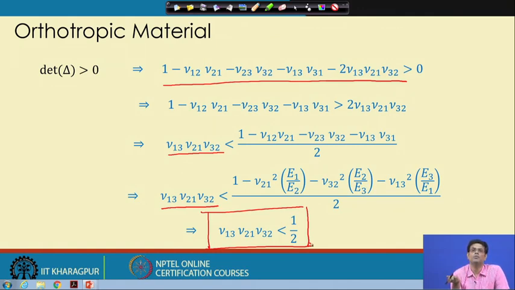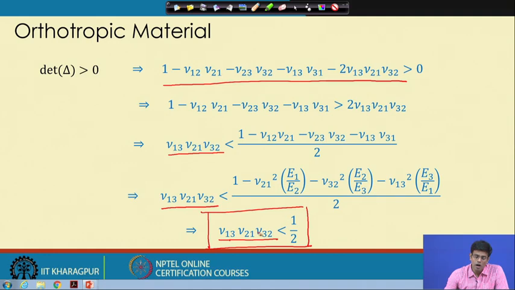For instance, if one of the Poisson's ratios is very large, the other one has to be less, otherwise this condition cannot be satisfied. This poses the restriction on the Poisson's ratios, but there is a thing: if one of them is negative, then actually on the other two there is no restriction. So, this we can observe from this relation.